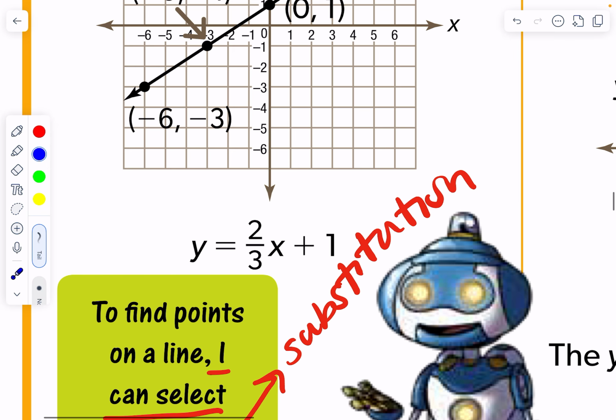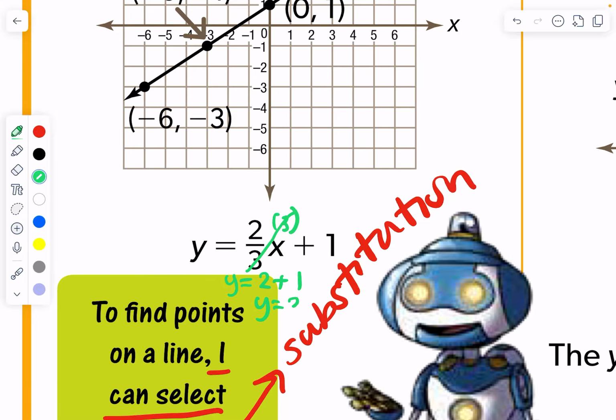So let's say, for example, I wanted to plug in the number 3 as my x. Let me use an accurate pen. If I wanted to plug in 3 for my x, then I know that these 3 would cancel out. I would end up with y is equal to 2 plus 1 because I substituted, so that x is no longer there.